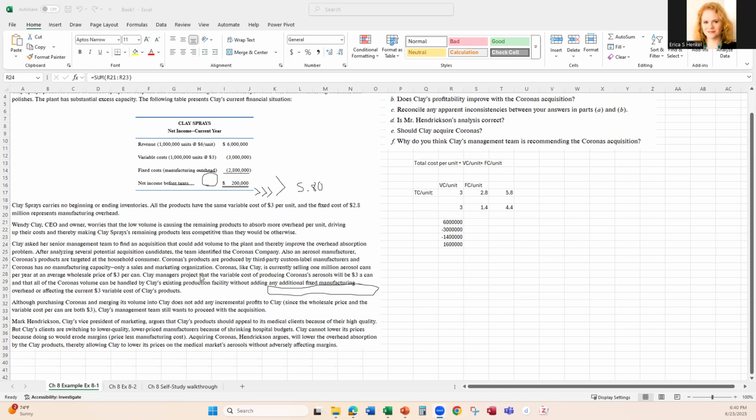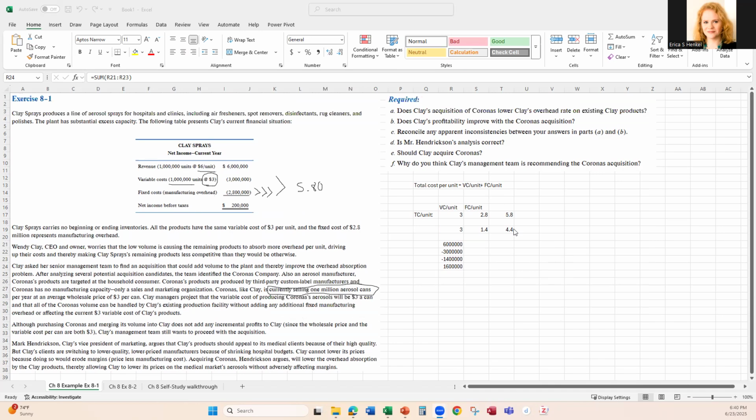Now, if we did allocate this, in part C they ask about any inconsistencies between our answers in part A and B. If we were calculating our overhead rate based on this 440, then that would be beneficial for us. But if we run this based on this problem here, I'm going to walk through this profit part.